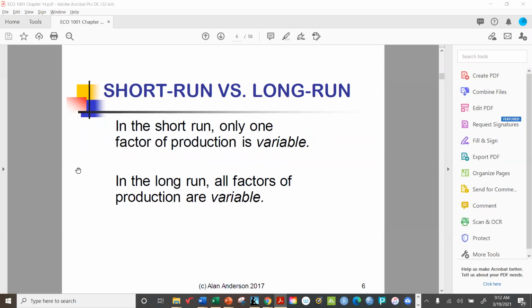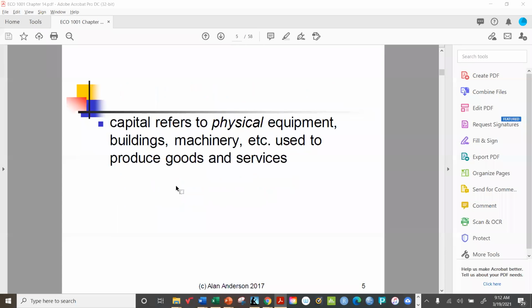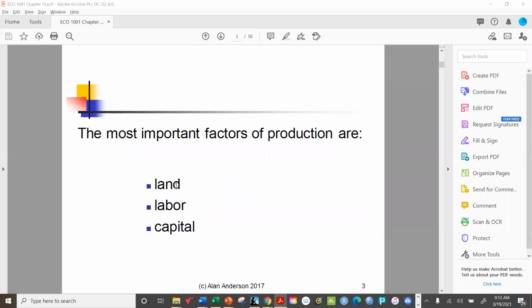Now, in economics, we often have to make a distinction between the short run and the long run. And in many cases, it involves prices. But here, what we're thinking of instead is this. In the short run, we're going to assume that these resources are all fixed except for one.